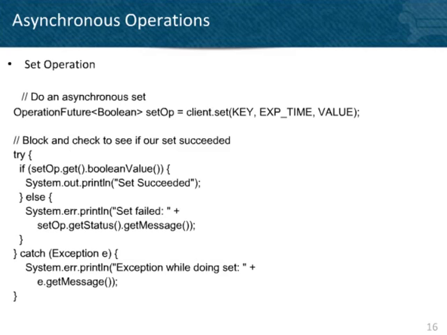As you can see here, I'm setting a key called key to a value. Let's not worry about the expiration time, which is really a TTL, the time to live, and we'll talk about that in a moment. But essentially, I use the asynchronous set, and then I get back a future.